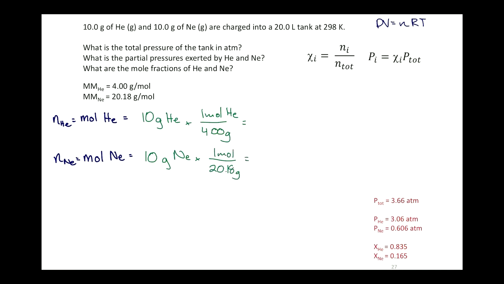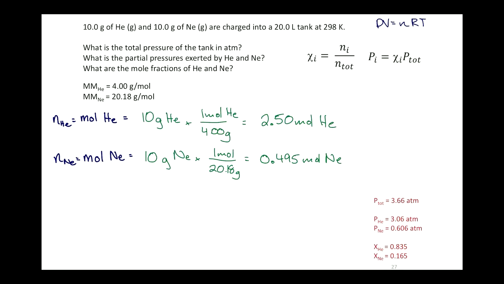So we have equal masses of each of these components, but what we'll see is that there is 2.50 moles of helium present, and about half a mole, 0.495 moles, of neon present in our sample. So we have 2.5 moles of helium, half a mole of neon.